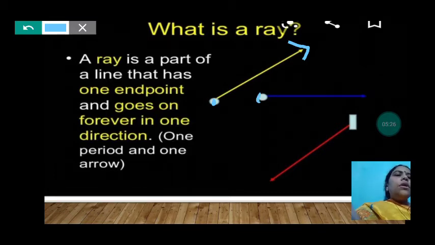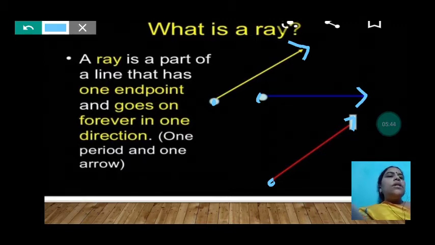Here also you see it going in one direction. Here is the end point, and if it is drawn like this, it shows that it is going in one direction. So what can we say about this ray? We can say that it has one end point, but it does not have the other end point.